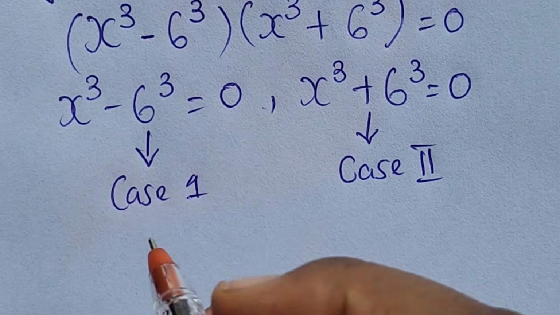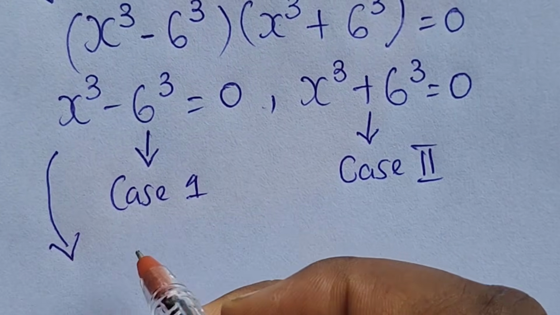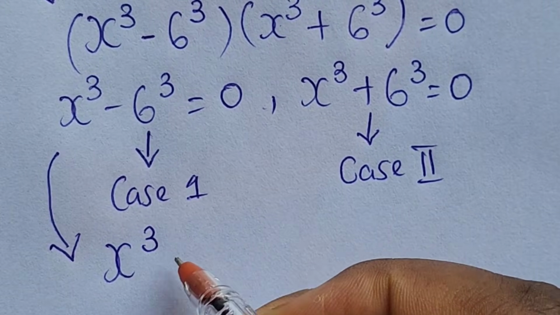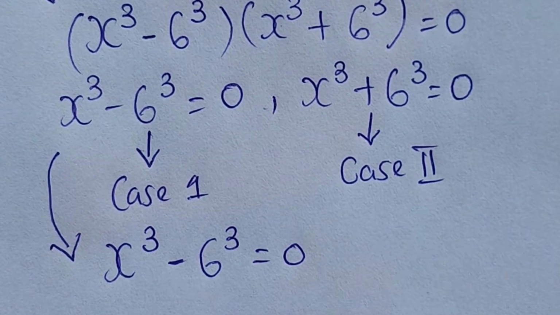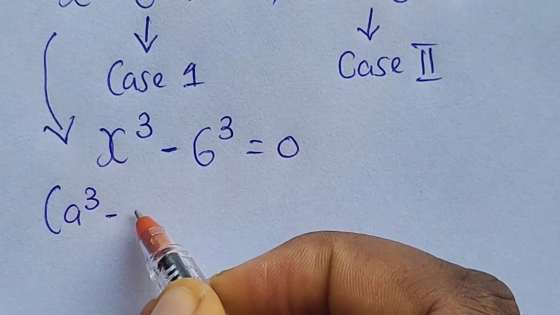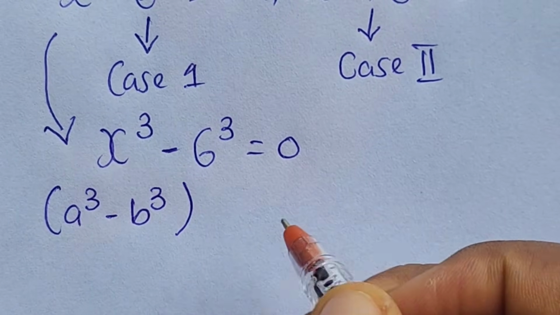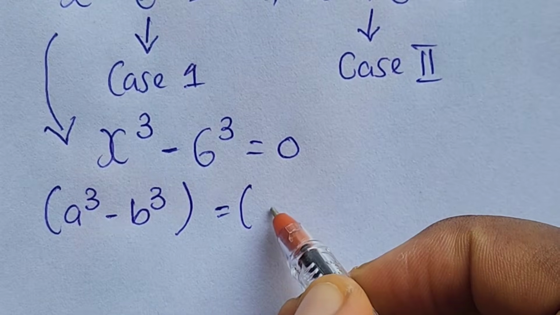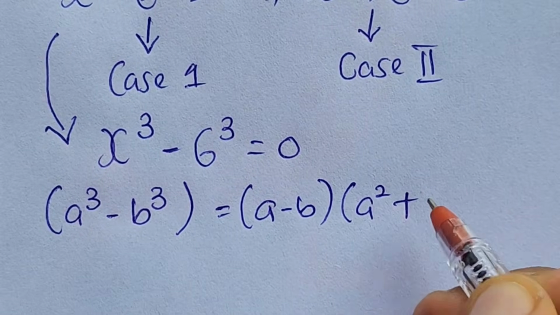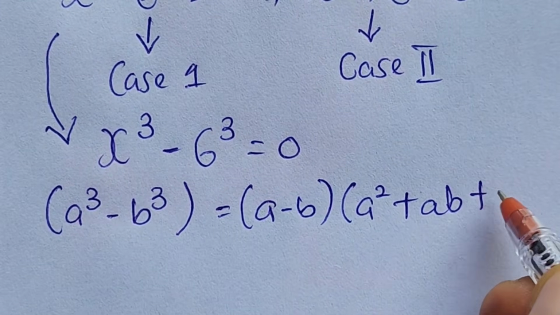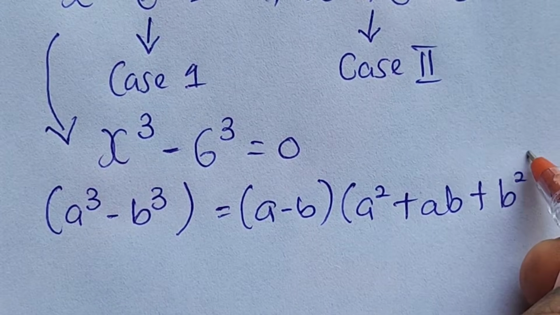So for case 1, we have x cubed minus 6 cubed equal to 0. But when we have a to the power of 3 minus b to the power of 3, we can expand this as (a minus b) times (a squared plus ab plus b squared).